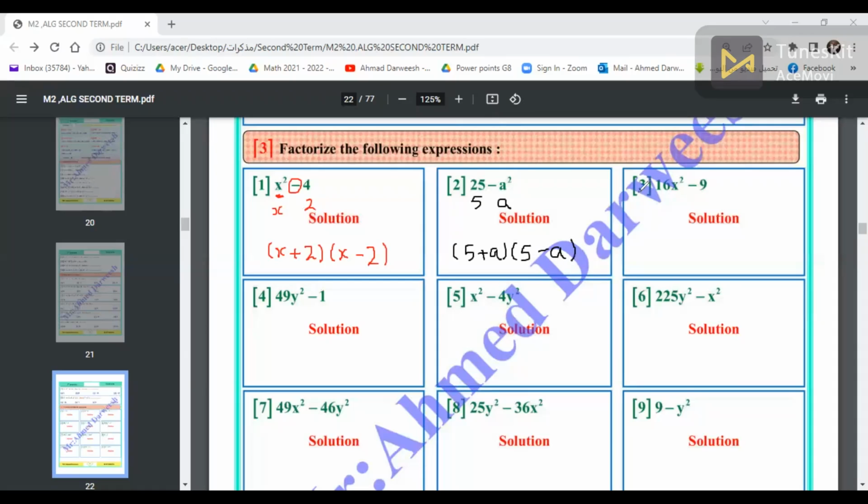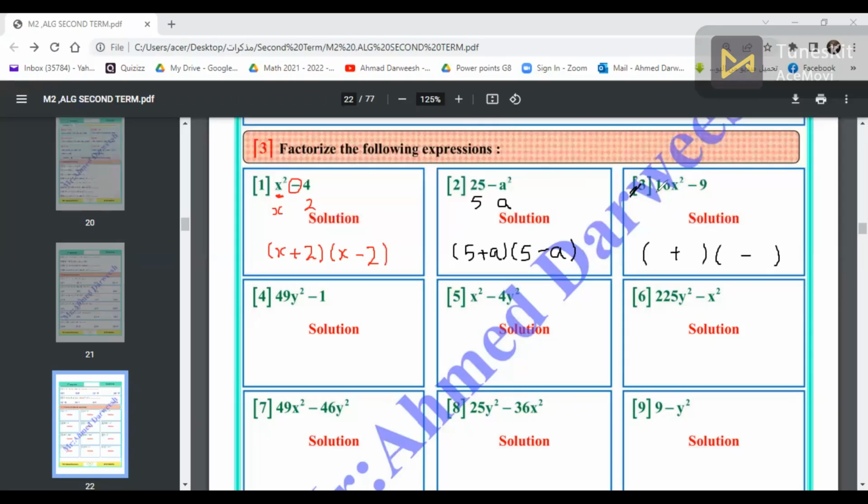Stop the video and try to factorize this one. Check the answer, like we do every time, positive and negative. But the difference here, you are going to say, Mister, it's 16x squared.